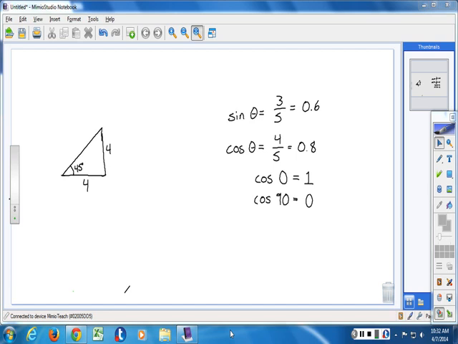But do we also have a little bit of an ability to see what's going to happen with our sine and our cosine values? So sine and cosine. Sine is which one again?